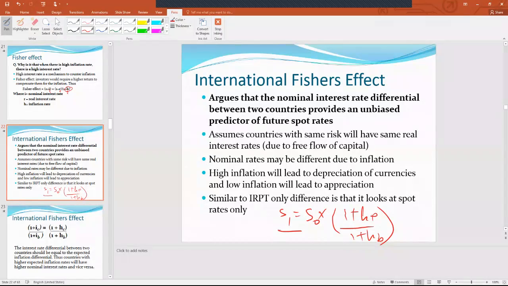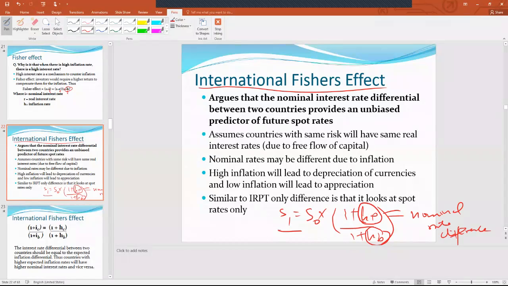Here the difference between the inflation rates is equal to the difference in the nominal rate, the nominal return difference. That's as per the international Fisher's effect.